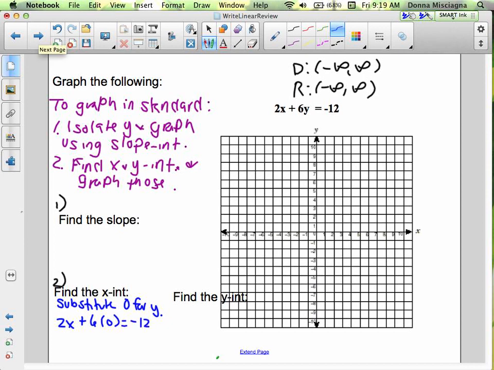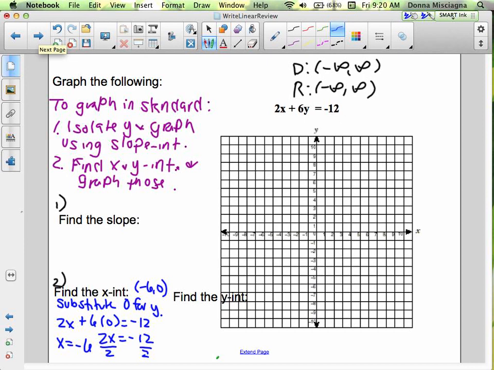So 6 times 0, that's just 0. So I've got 2x equals negative 12. If we divide both sides by 2, x is negative 6. So our x-intercept is negative 6, 0. Write that as a point so you graph it in the right place. It's negative 6 on the x-axis, it's 0 on the y-axis, because we plugged in 0 for y.